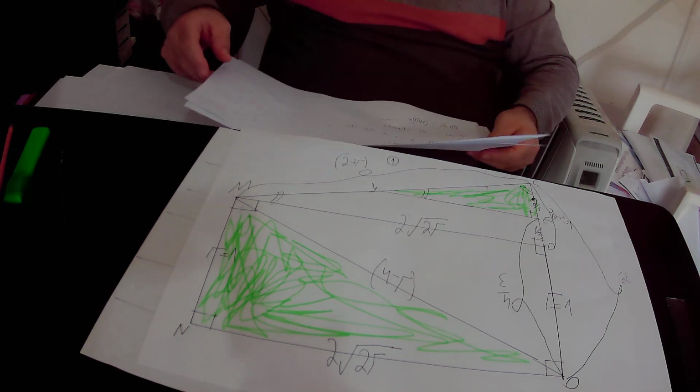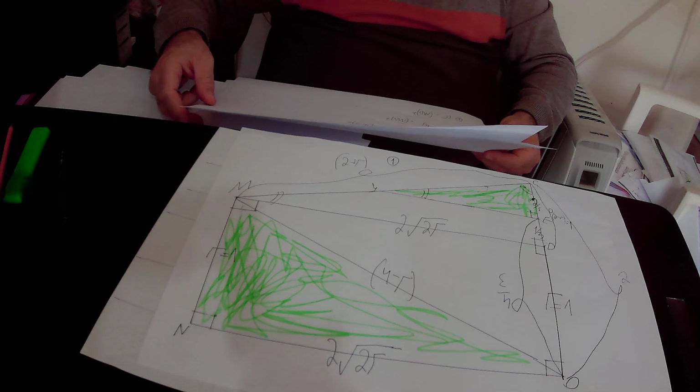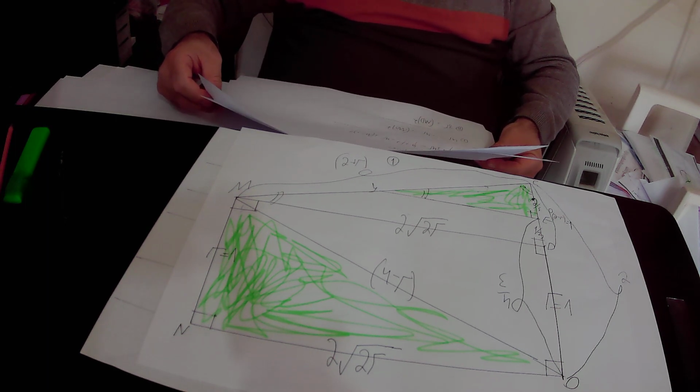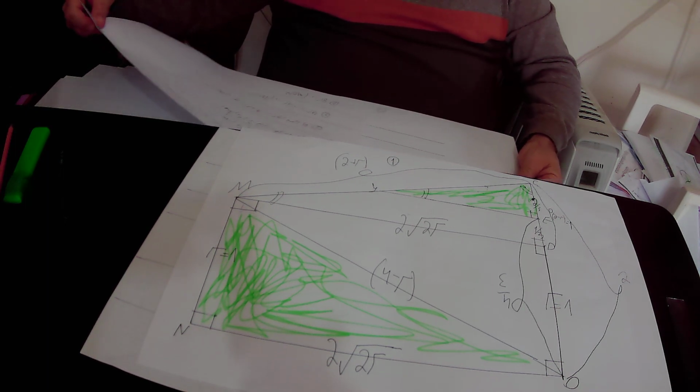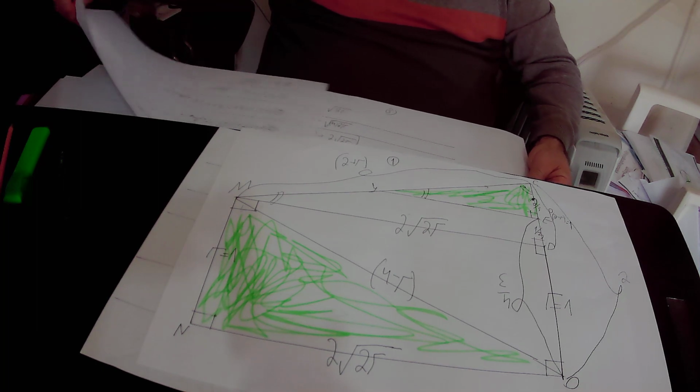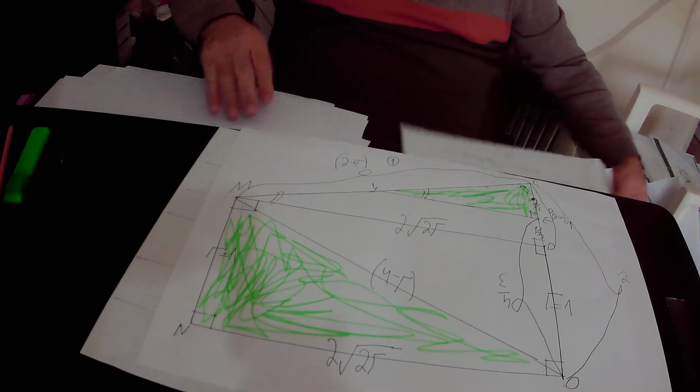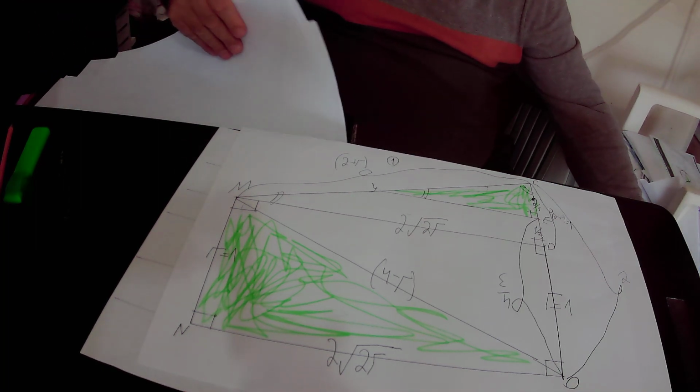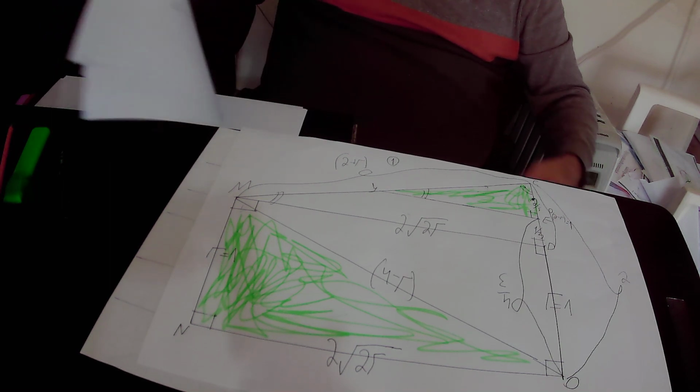So we focused on the right green triangle, triangle MNO, and according to the Pythagoras theorem, the square of the hypotenuse equals the sum of the squares of the perpendiculars.